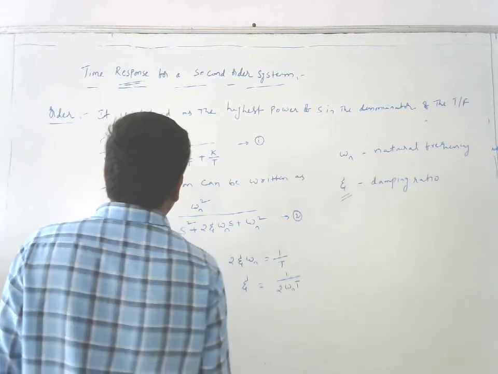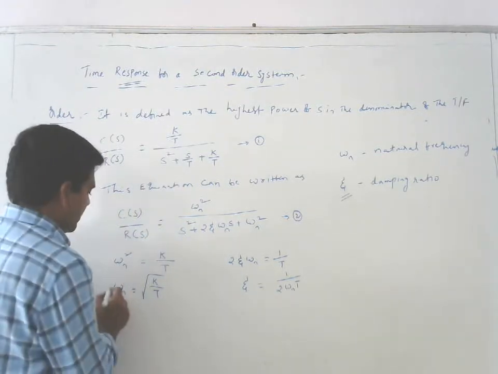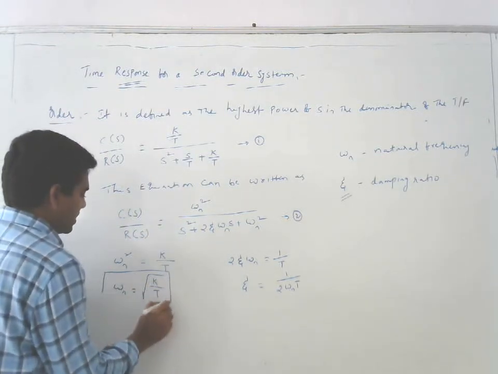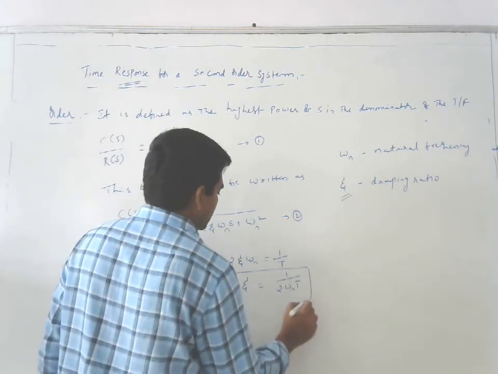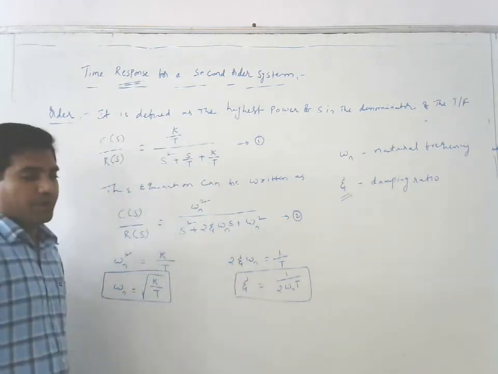This is the value of omega n, which we call the natural frequency, and zeta is our damping ratio.